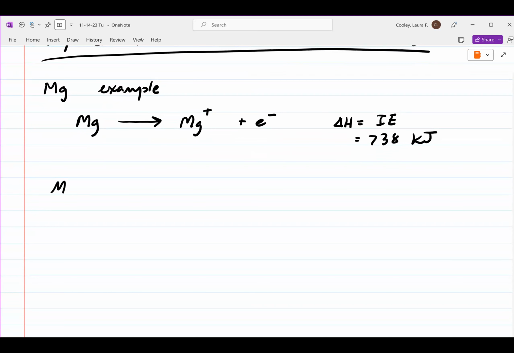So now we have the magnesium single plus charge, and now we take away a second electron. So this becomes Mg2+. And the ionization energy here is 1450. So here's my question, first of all. Why is that number 1450? Why does it take more energy to pull the second electron away than the first?